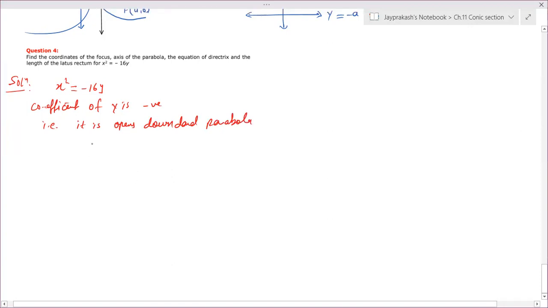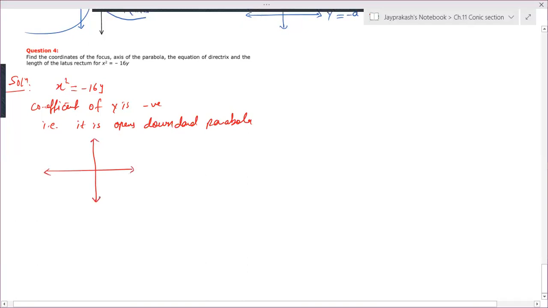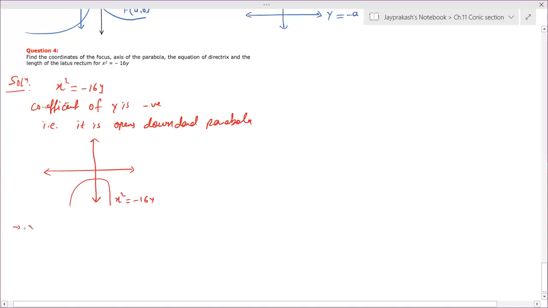Or you can simply understand this using this axis, where x square is equals to minus 16y. It is open downward, so it is on the negative y axis. So we have found the axis. Axis is negative y axis.